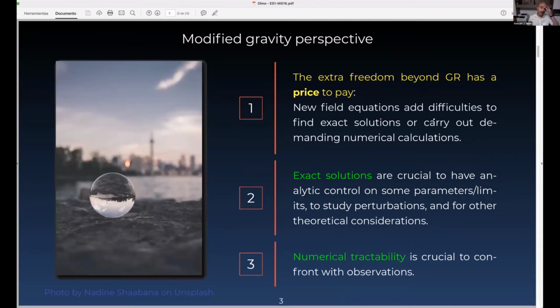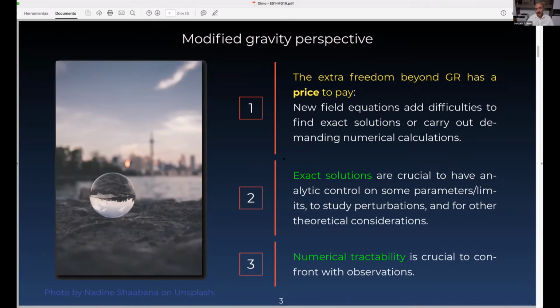From this modified gravity perspective, we have more freedom because we have different field equations, but this freedom has a price to pay. Finding new exact solutions is difficult in general, and also numerical solutions. We have different equations, and numerical problems are not easy to solve. So spending time developing new methods is always expensive. It is not as straightforward as in general relativity, which is not easy either, but going beyond is even more difficult.